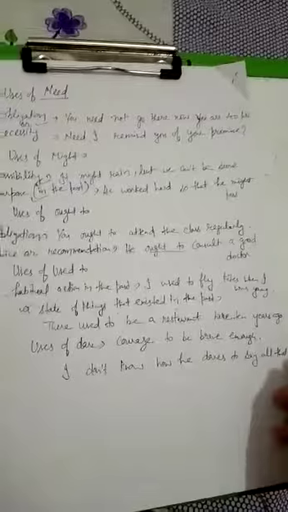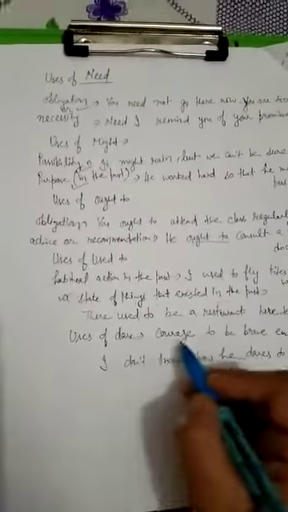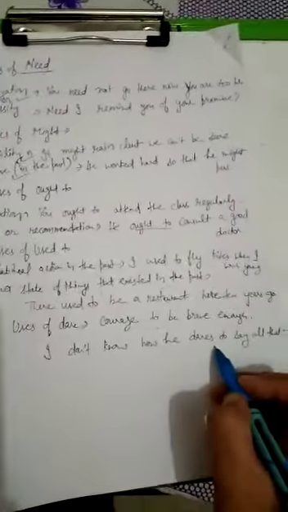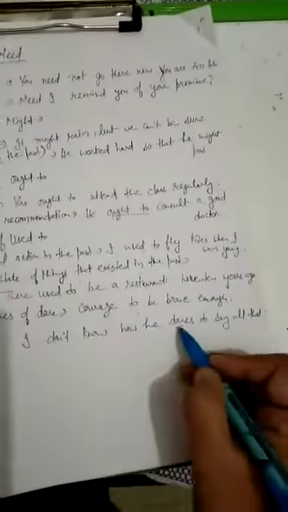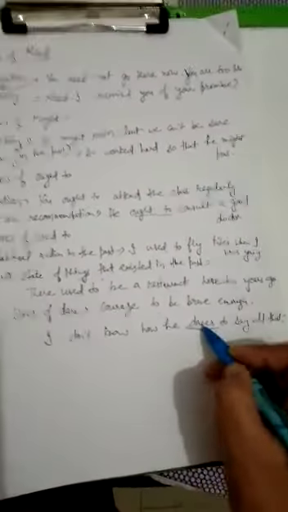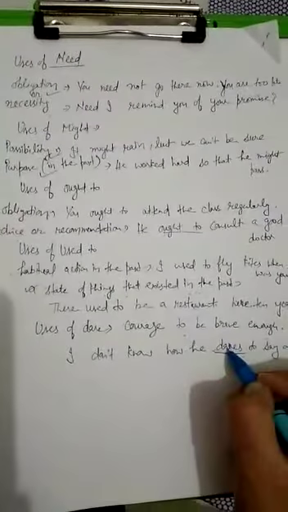So here dare is used. Dare means courage or to be brave enough. I don't know how he dares to say all that. So here he is showing his dare. Enough courage is there, enough bravery is there.